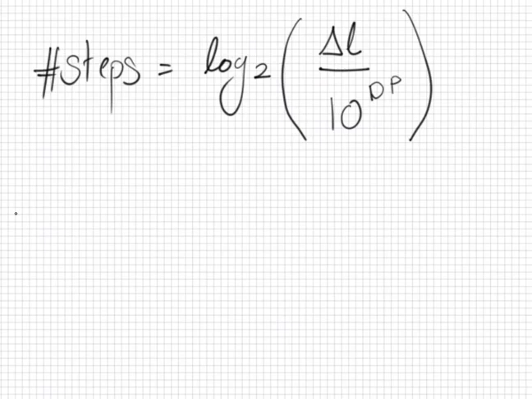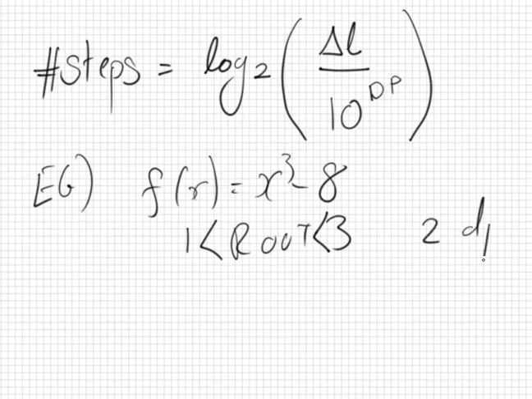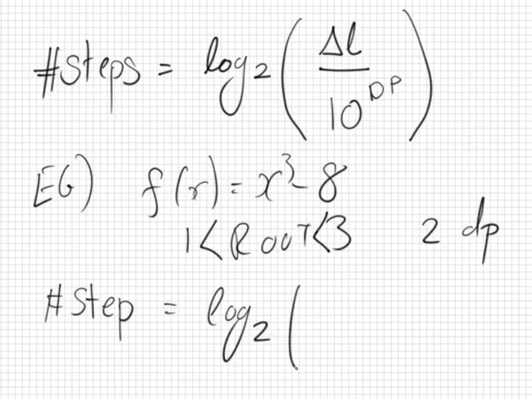So for example, f(x) equals x cubed minus 8, and we know there's a root somewhere between 1 and 3. And I want this answer to be accurate to 2 decimal places. So how many times do I need to use my formula? Log base 2. What's delta L here?